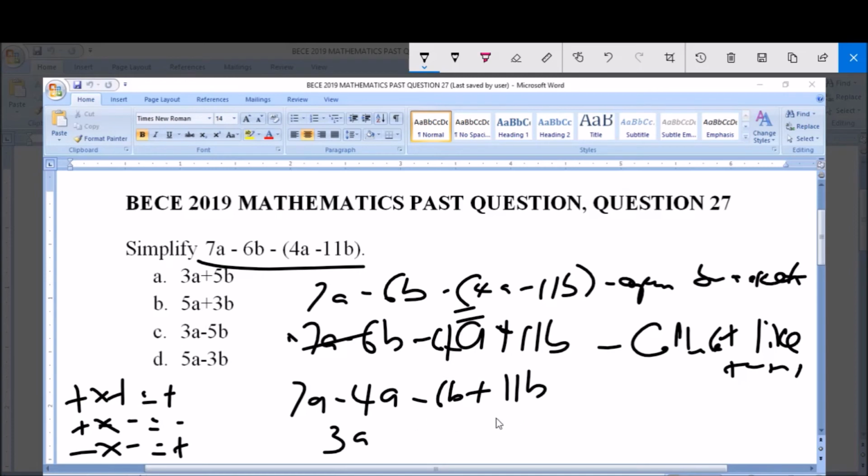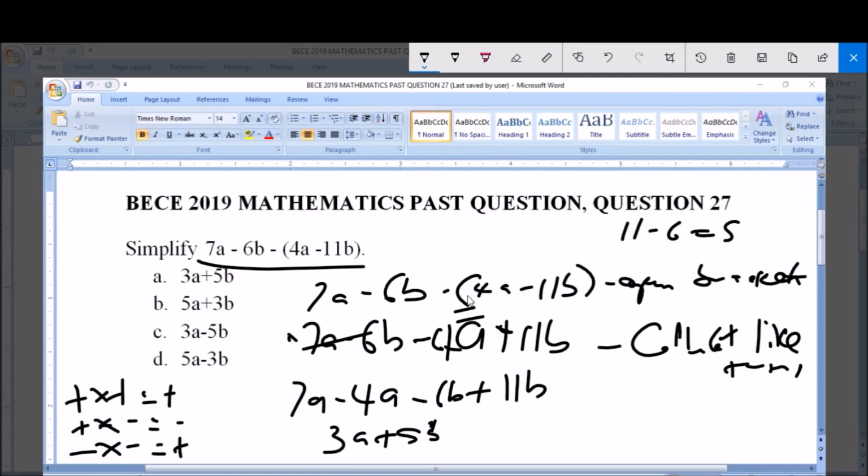And like we know, 11 minus 6 is equals to 5. So 11b minus 6b will give us 5b. So minus 6b plus 11b is equals to plus 5b, because the positive integer is more than the negative number.